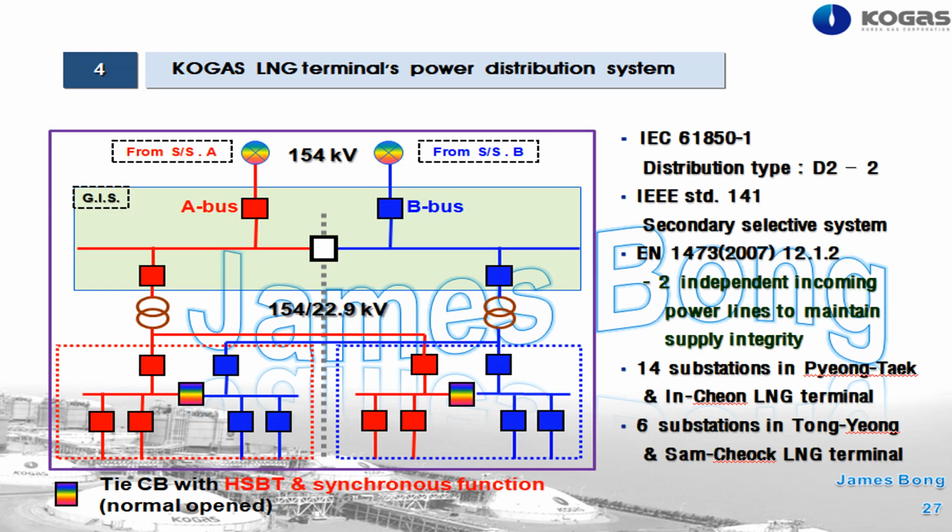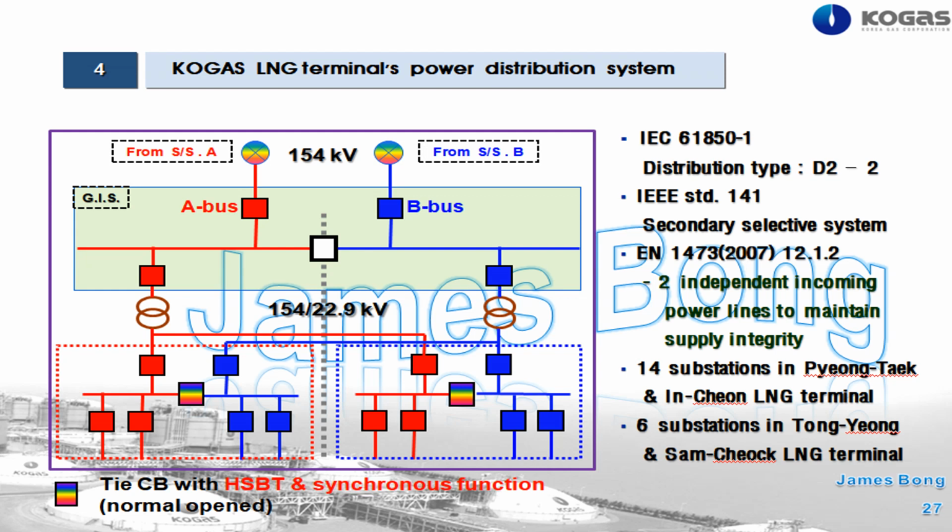Okay, finally, on this page I'll introduce our plant's electric power distribution systems. On the earlier page I showed you KOGAS LNG terminals, and I also said we are using IEC D2-2 or the IEEE secondary selective system. In our plants, we use two incoming lines simultaneously, which originate from different buses in different substations.